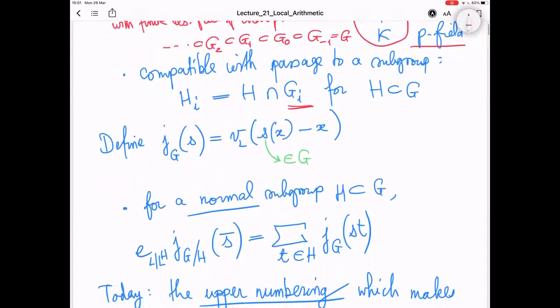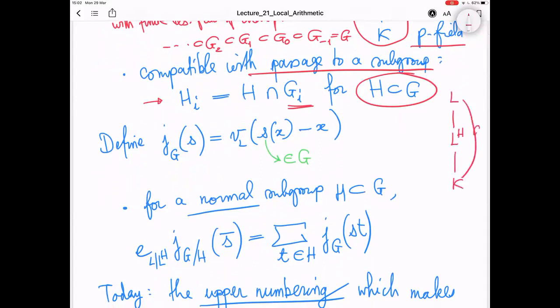So what we had proved was that these are compatible with the passage to a subgroup. What that means is that if I have a subgroup H of G, then of course I have L here, then L^H here, and K here. So this group is G, but this group is H here, right?